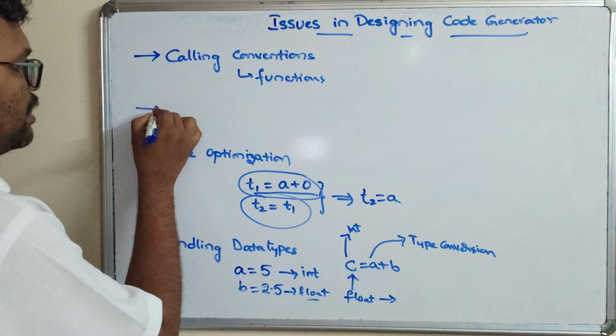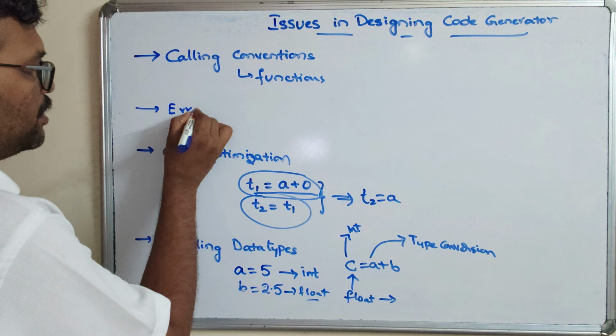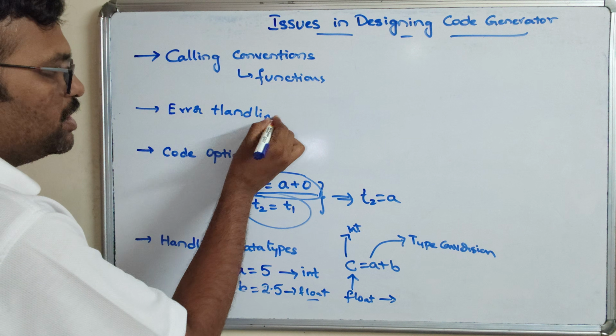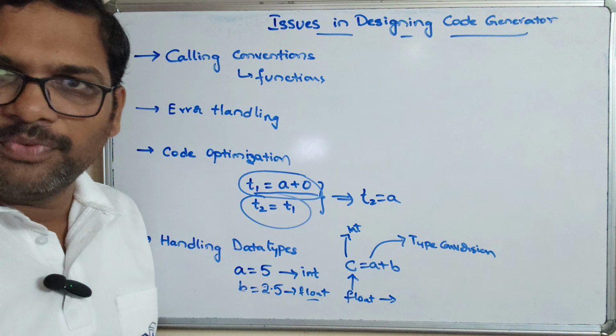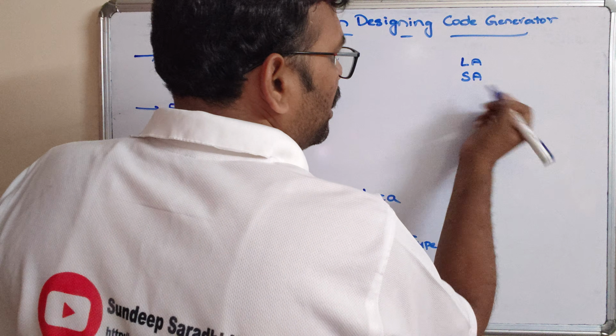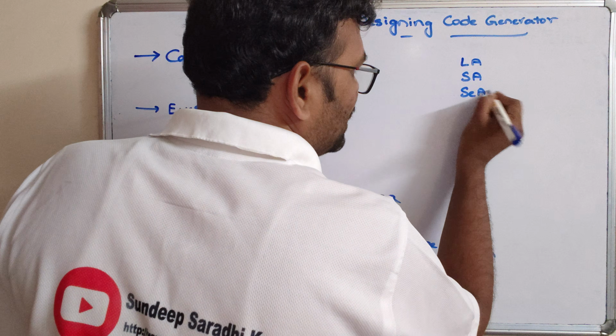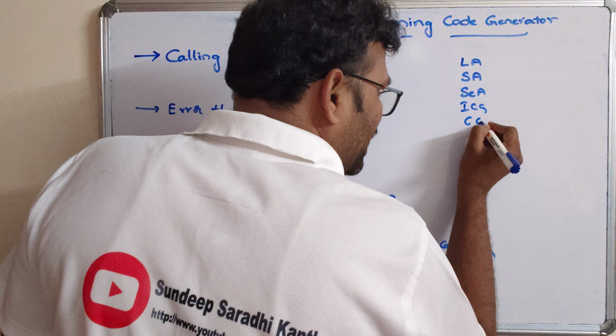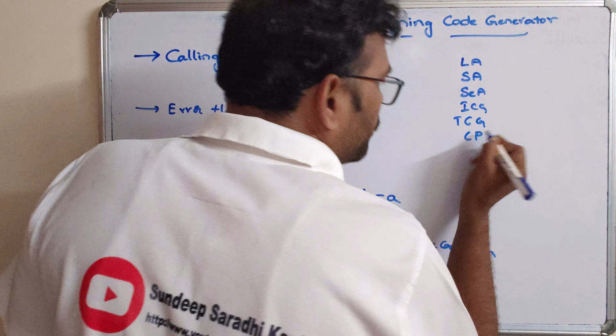And the next one is error handling. Error handling. So this is the most important thing. So this is the output of any phase we have seen. So we have seen the lexical analyzer, semantic analysis, syntax analysis, intermediate code generator, target code generator, and code optimizer.